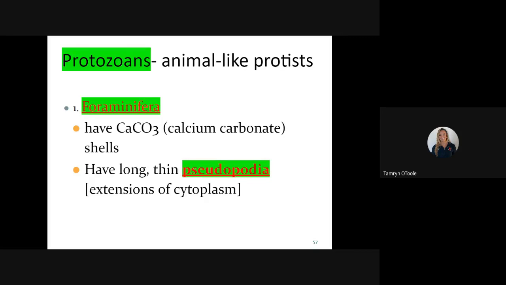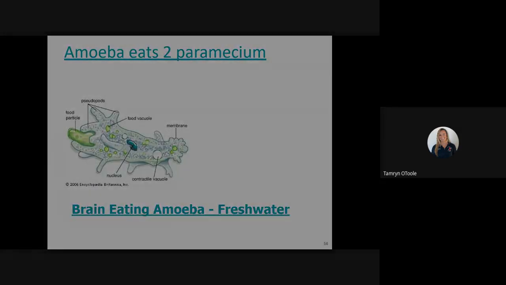Amoebas are an example of a foraminifera, and that's the one that we're going to look at underneath the microscope tomorrow. They are little pink splat marks all across the microscope slide, and they're super cool because you can see all of their pseudopods actually reaching out from the amoeba itself. So foraminifera have pseudopods, long extensions of their cytoplasm.